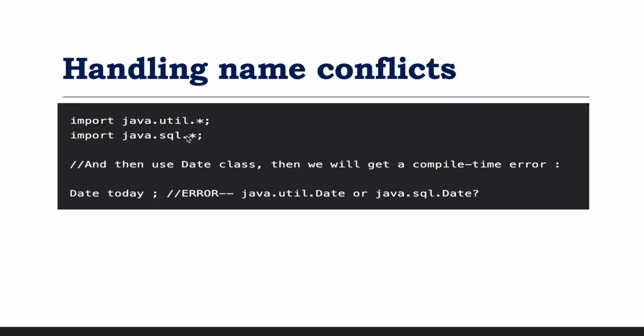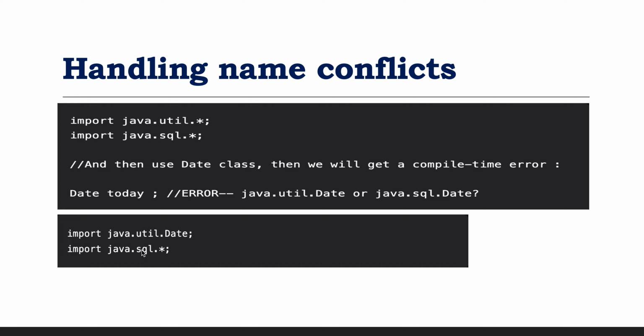To resolve this conflict, you can define it like this. Let's say you want to use Date from the util package, not from the SQL package, but you have written the star import because you might be using some other classes from this package also.